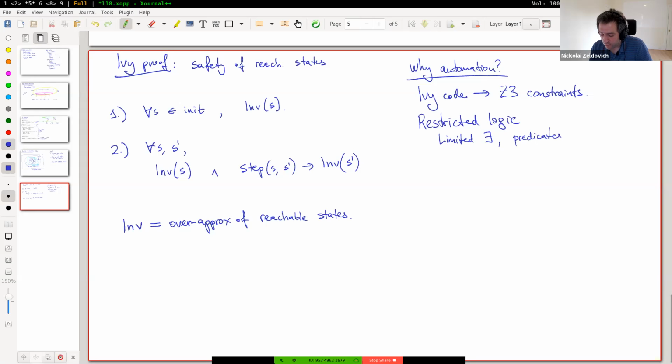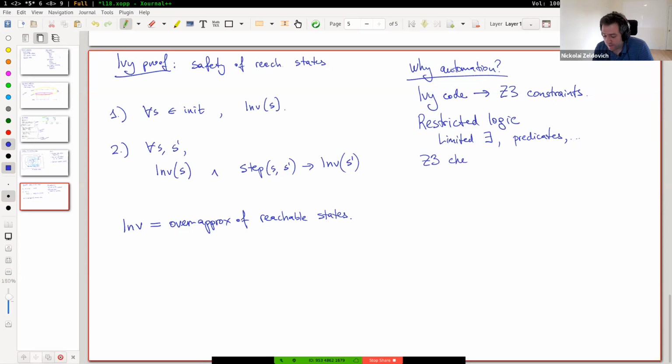You can't have higher order predicates and so on. But the upshot is that if you have these restricted Ivy statements, then they lead to Z3 constraints that Z3 can always solve. That's a really cool thing. That's why, in that terminal, I was able to run Ivy check, and it always gives an answer. It either says you have a broken invariant, or says okay.